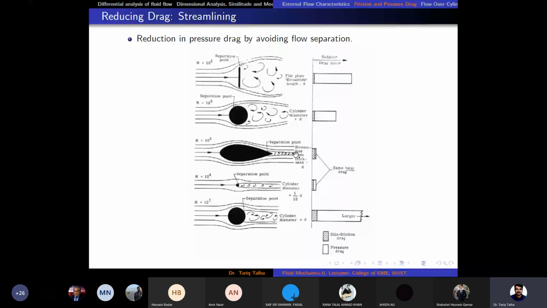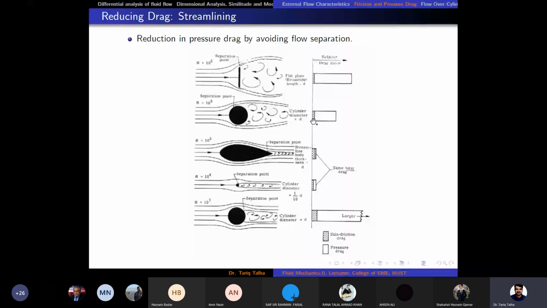For this aerofoil and this small cylinder, the drag forces are very small, and you can see that they are quite comparable. But if the cylinder is big and the Reynolds number is even higher, then you can see that the drag force is more.